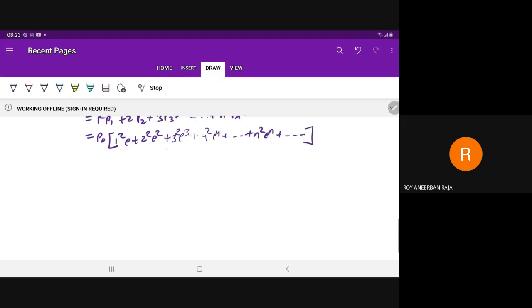Again, this is an APGP type series. Let this sum be S: 1 square rho, 2 square rho square, 3 square rho cube, plus n square rho power n, and so on.